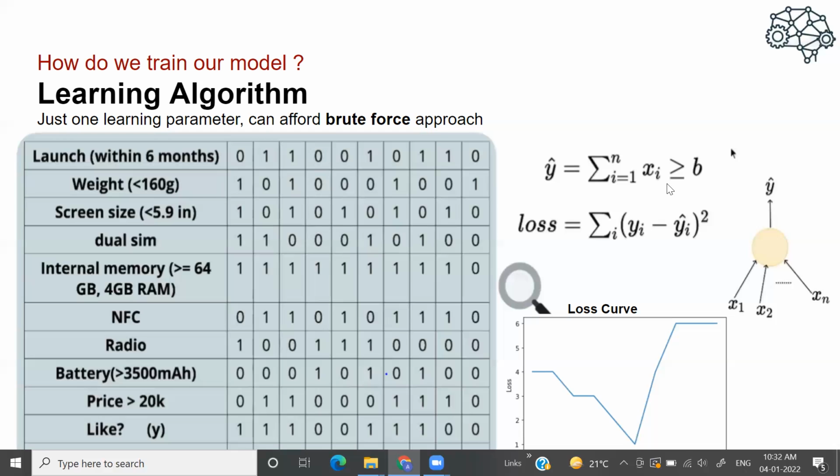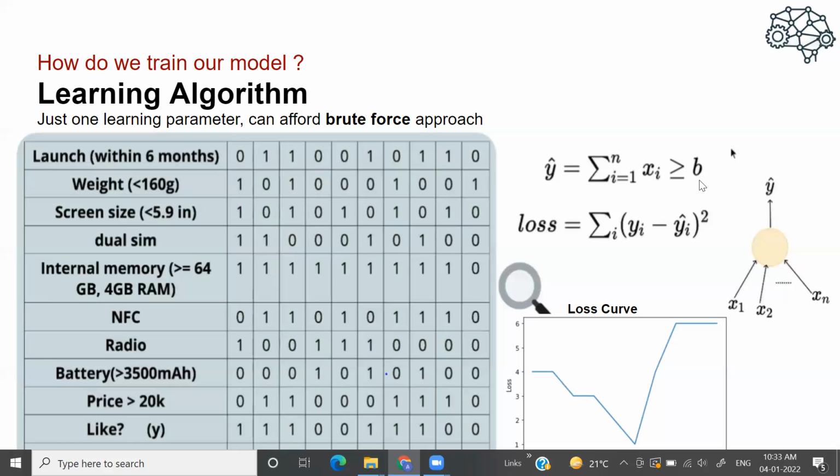Since it can only deal with binary inputs, if all of my input features are 0, in that case b can take the value 0, right? If all of my input features are 1, let's say I'm having 5 features, then the maximum value b can take is 5, which is equivalent to the number of features.